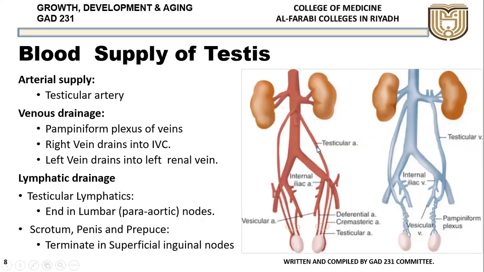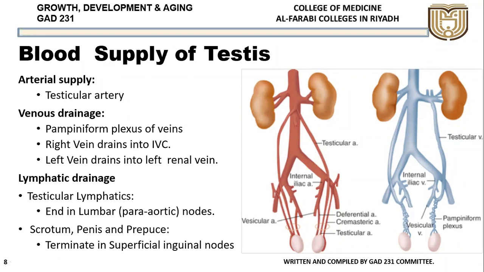Later, before birth, they descend downwards. That we will study in later stages in other courses, in the urogenital system, where you'll study how it descends. But now you should know that it is produced in the abdomen and then moves into the scrotum, so it carries the blood supply from the abdominal aorta. So that is the arterial supply from the testicular artery.